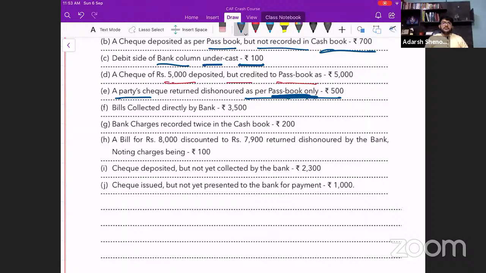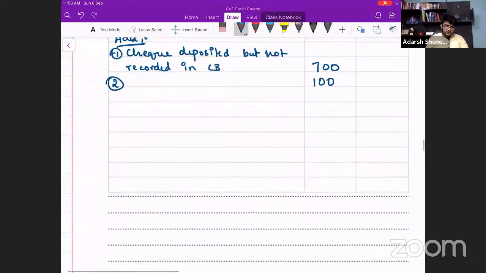The cash book balance has been increased, but the passbook balance has not gone up. It is exactly like check deposited, not cleared. What should we do now? The cash book is the starting point, so we have to minus. The amount is 500.